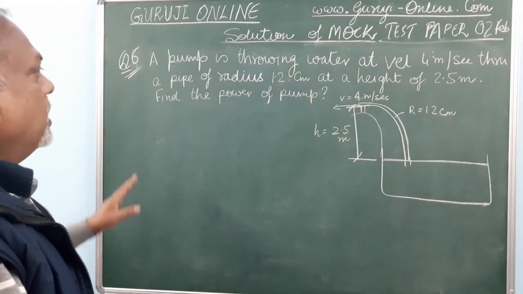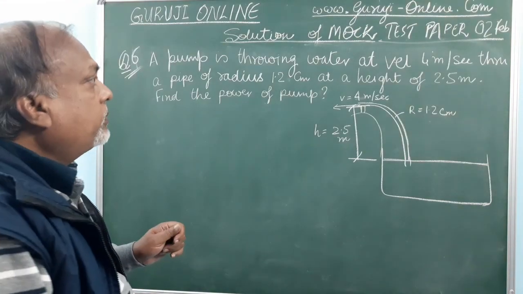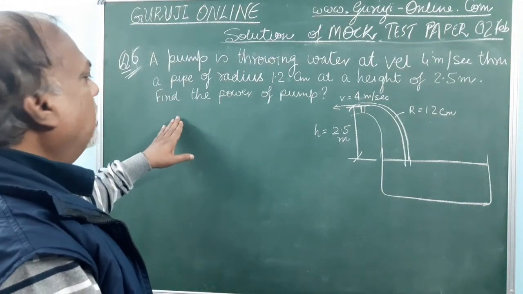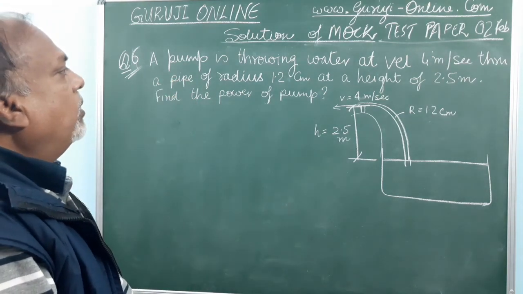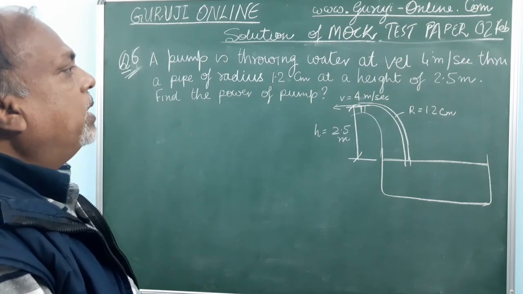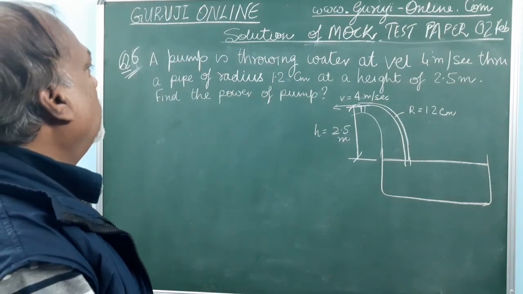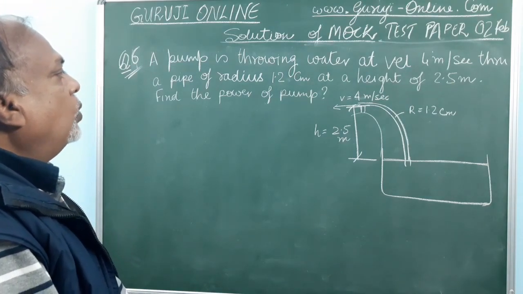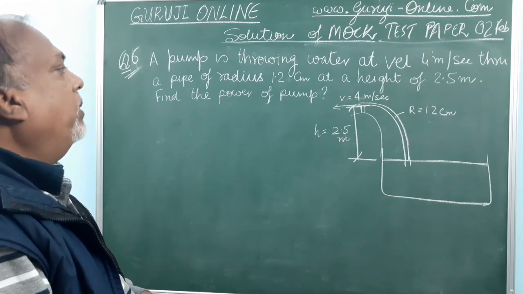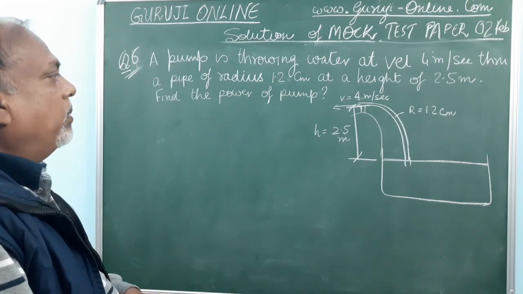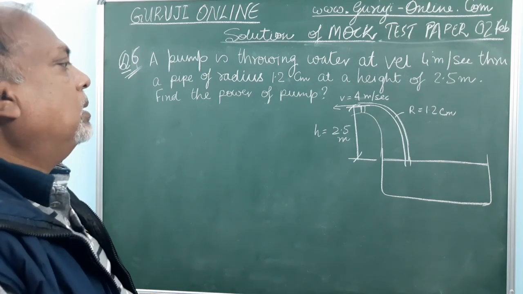So this is the sixth question. In this question, it is given a pump is throwing water at velocity 4 meter per second through a pipe of radius 1.2 centimeter at a height of 2.5 meter. Find the power of the pump.